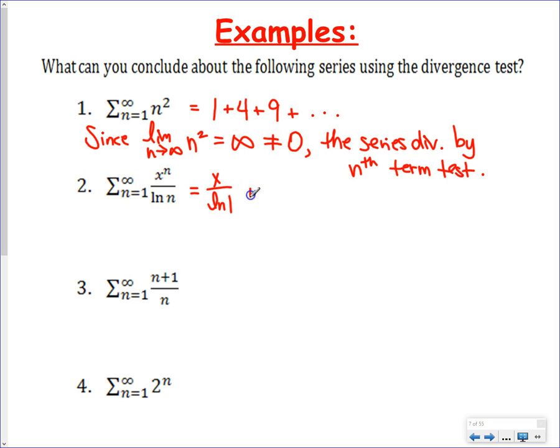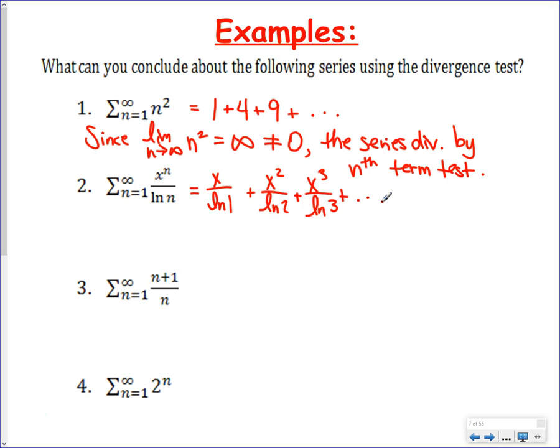But let's keep looking. If I have x squared all over ln of 2, and x cubed all over ln of 3, it approaches infinity. The denominator continually gets bigger. Assume x is a constant, because we're not changing x at all.